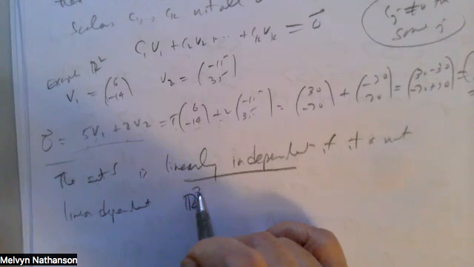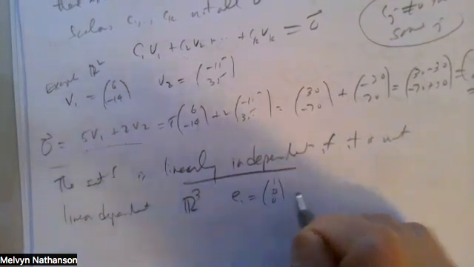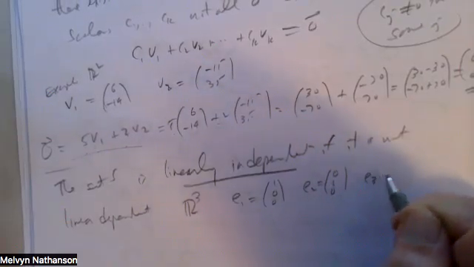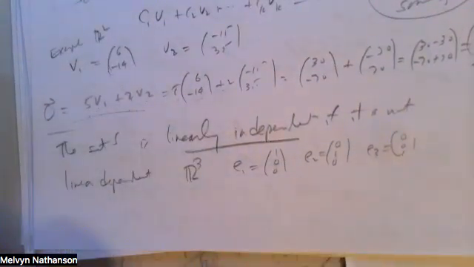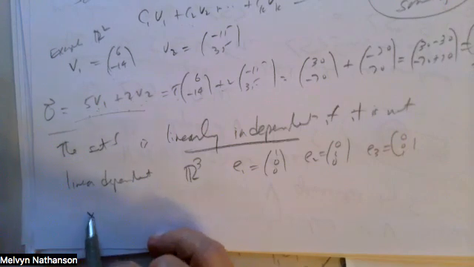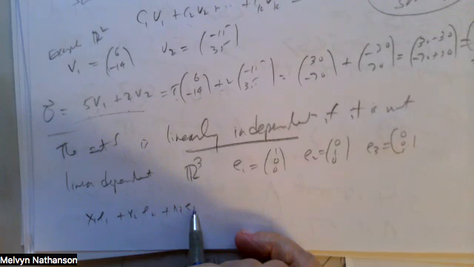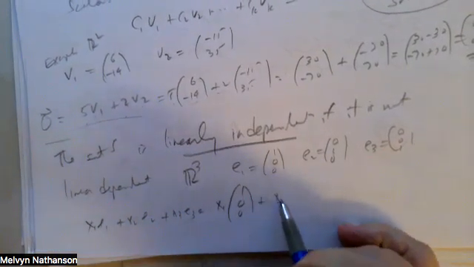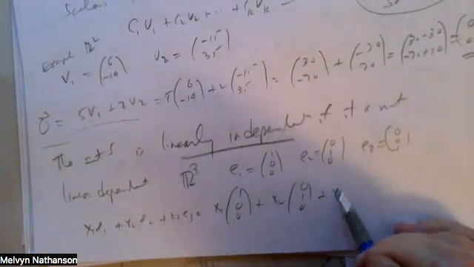So for example, in R3, if you take the standard vectors E1 to be (1, 0, 0), E2 to be (0, 1, 0), E3 to be (0, 0, 1). If I take a linear combination of them, x1 E1 plus x2 E2 plus x3 E3, that's x1 times (1, 0, 0), x2 times (0, 1, 0), x3 times (0, 0, 1).